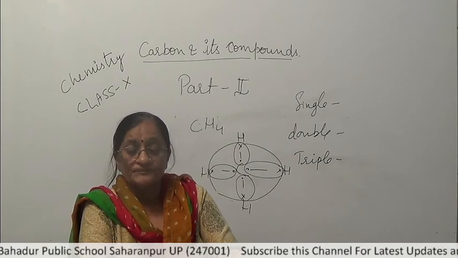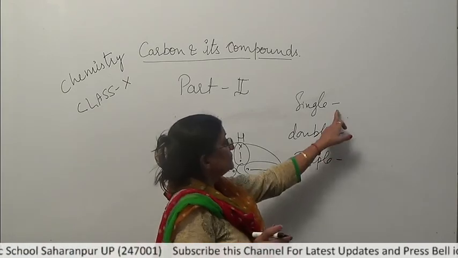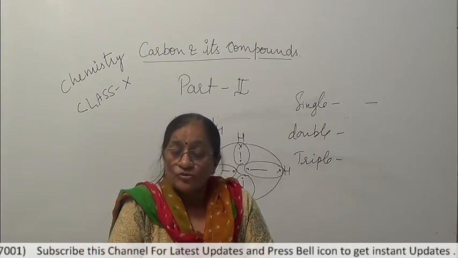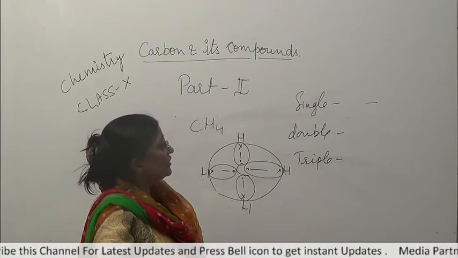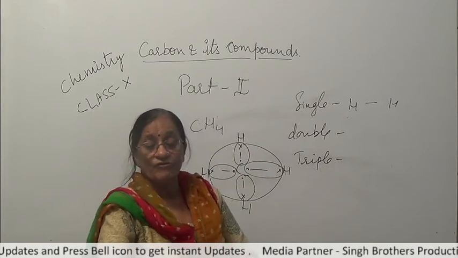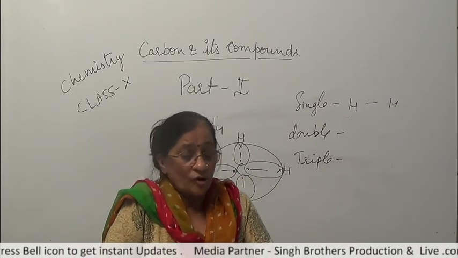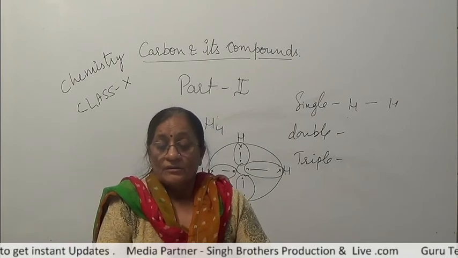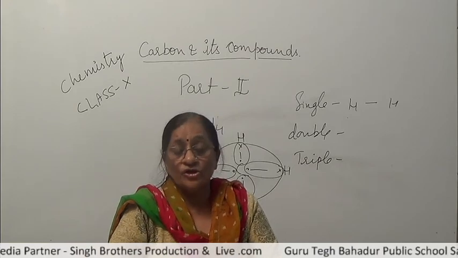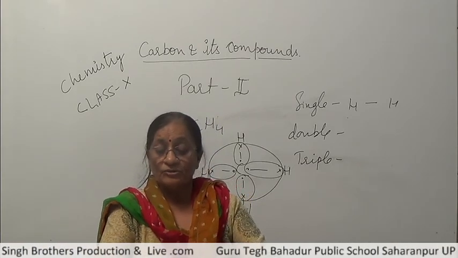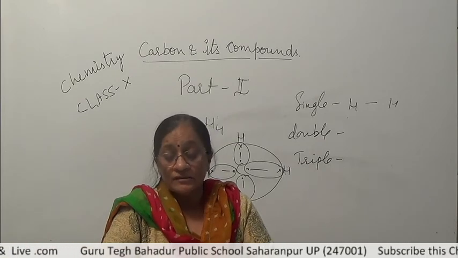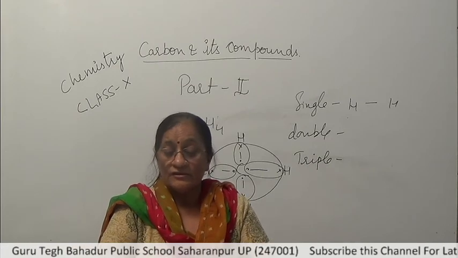It is represented by this line between 2 atoms. Hydrogen, as we have seen, forms a single bond. Then a double bond is the covalent bond formed due to the sharing of 2 pairs of electrons between the 2 atoms, and an example is oxygen, then ethene, etc.